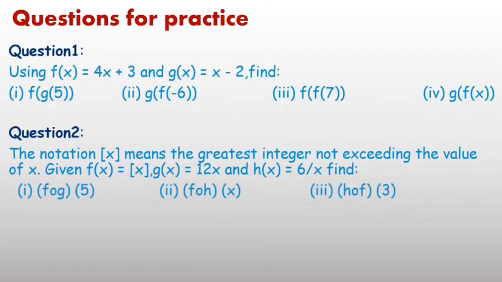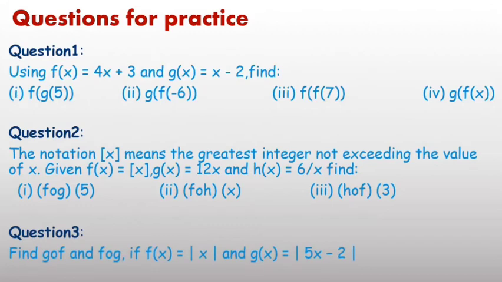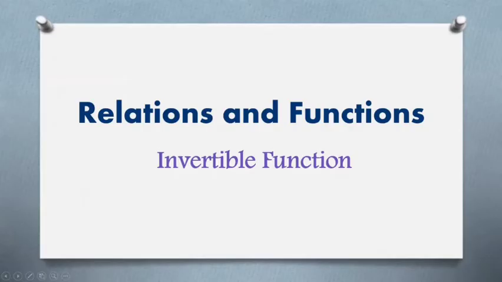Solve and find the value of fog(5), foh(x) and hof(3). Third question, f(x) equals mod x and g(x) equals mod of 5x minus 2. Then you have to find the value of gof and fog.